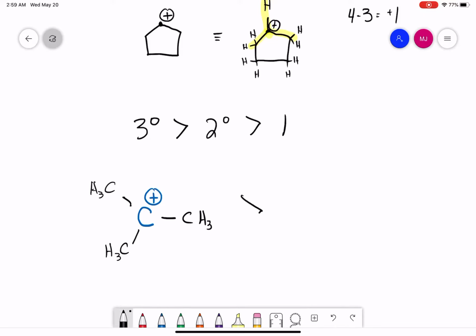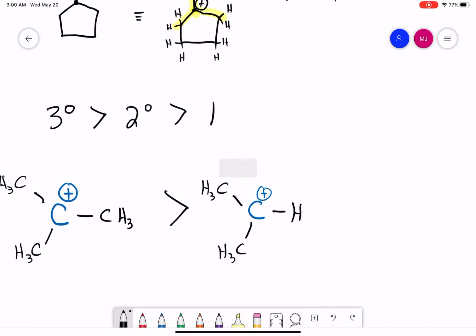That's more stable than a secondary carbocation. So here we have a carbon that would be connected to 2 other carbons and then 1 hydrogen. So this is a secondary carbocation. We need to draw the plus, and that's more stable than a primary carbocation.